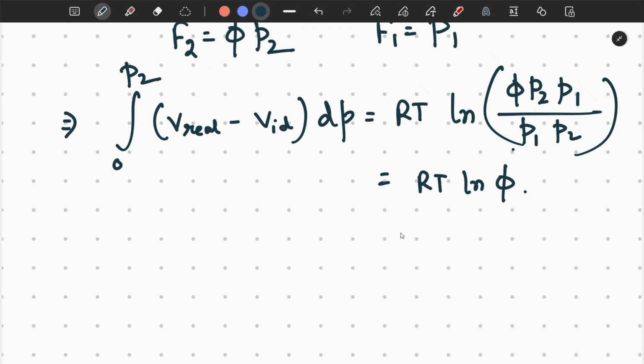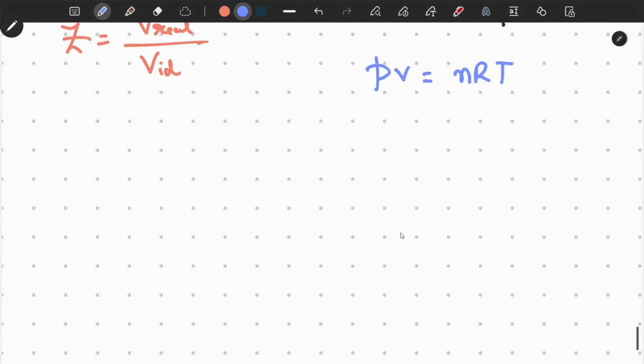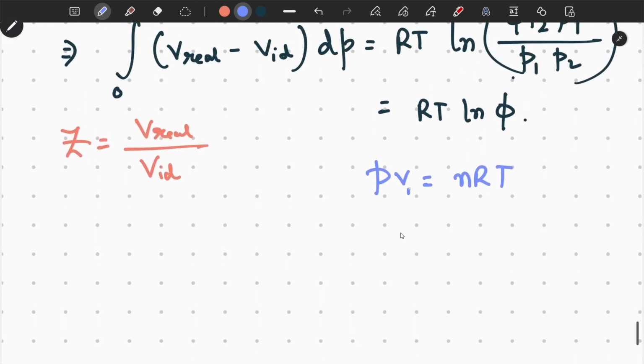If you remember, there was a Z. Z was V real, PV by RT, V real by V ideal. That is called the compressibility factor. What you are saying is also correct, because PV equals nRT is for ideal.